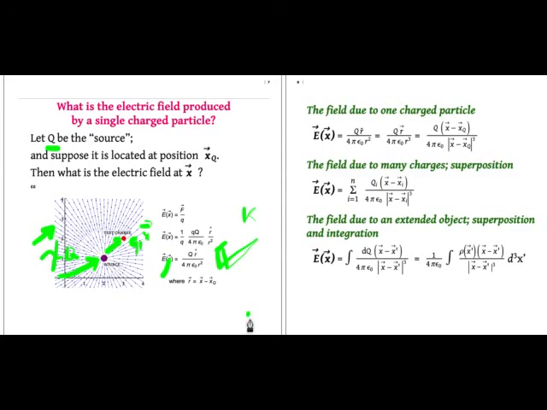Okay? So if I have a source and I have some point where I'm interested in the field, R would be the vector from this source, let's say it has charge Q, to the point X that I'm interested in.